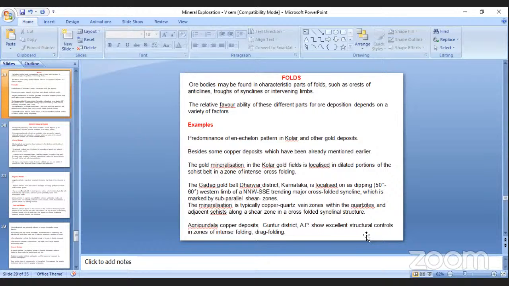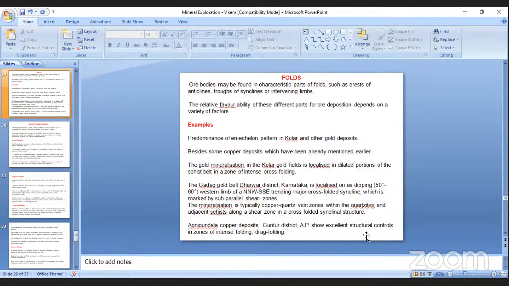And the best example for this is the predominance of an en echelon pattern or en echelon structure. It is favorable for the Kolar and other gold deposits. And besides, we also have a chance to get more copper deposits.